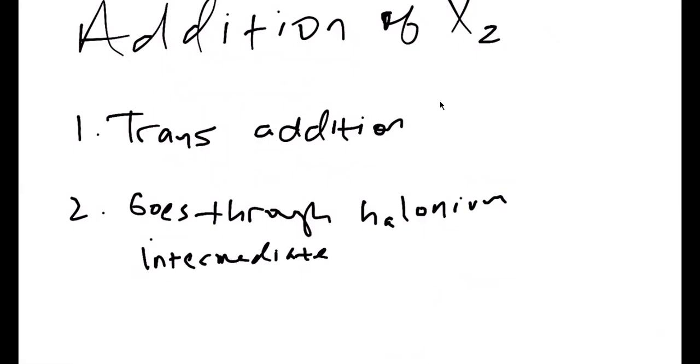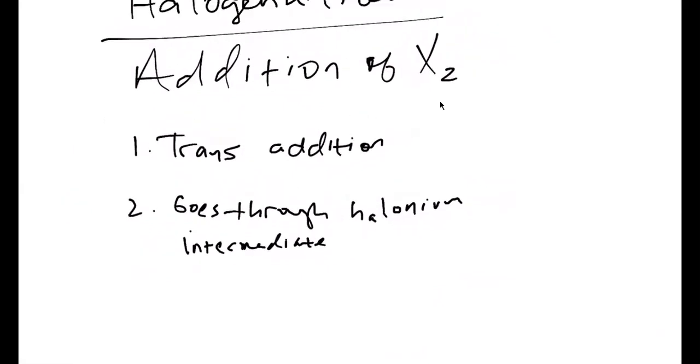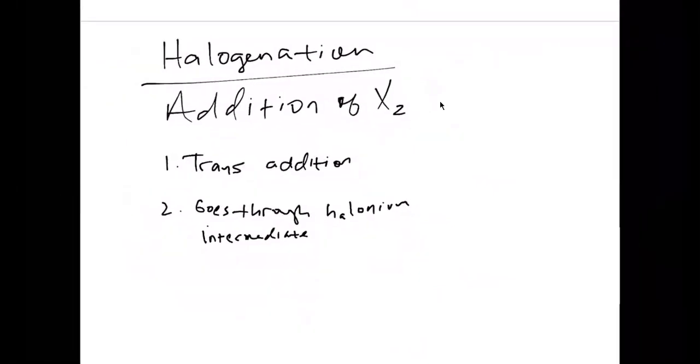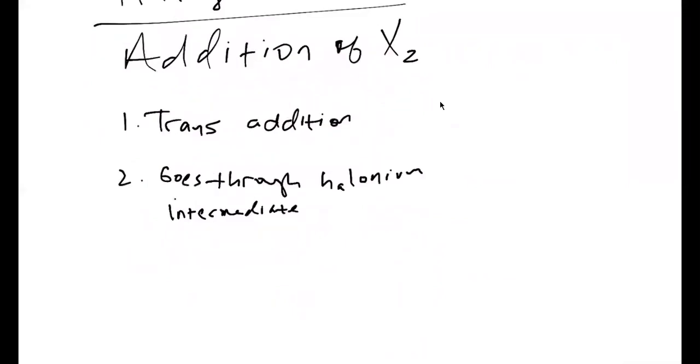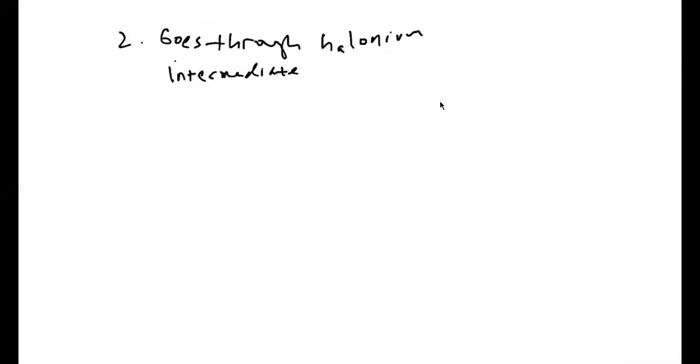All right, so every halogen addition to an alkene, because keep in mind that's the umbrella we're working under. We're only dealing with alkenes. So let me paste this in here, and then we're going to look at the outcome.